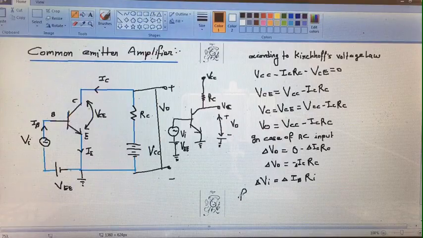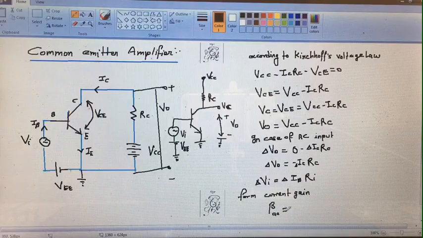From the current gain of the common emitter amplifier, we know that beta AC is equal to change in collector current upon change in base current.